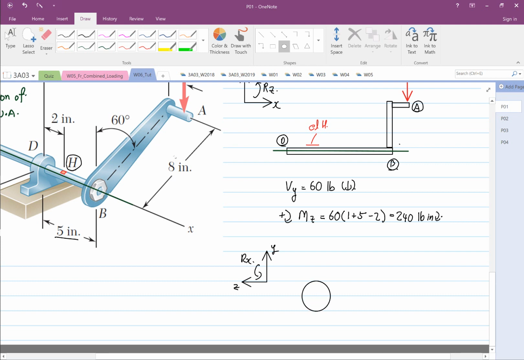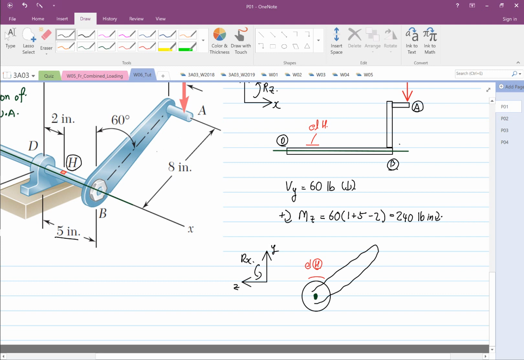And then this is the position of your neutral axis, and then you have your element H. This is not to scale, by the way. My bad.